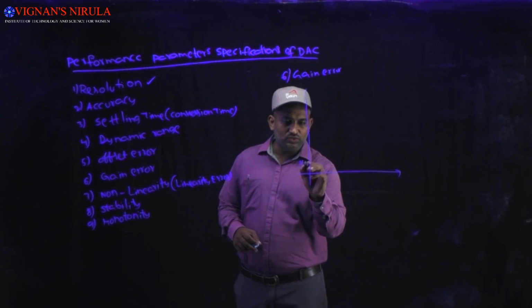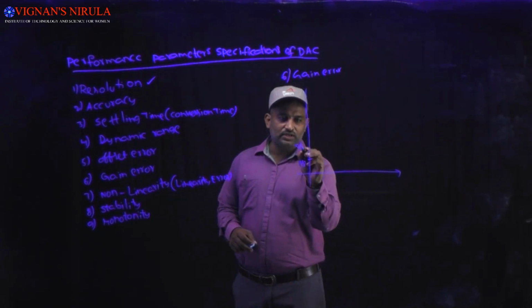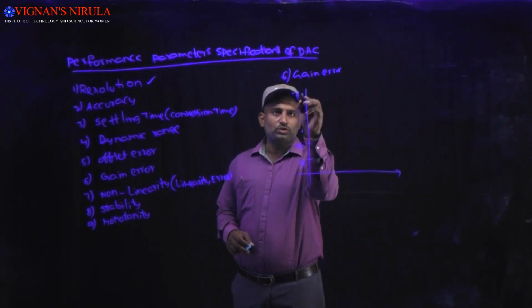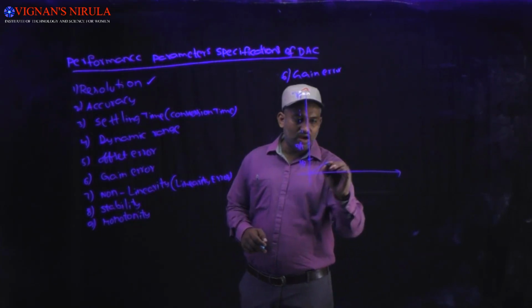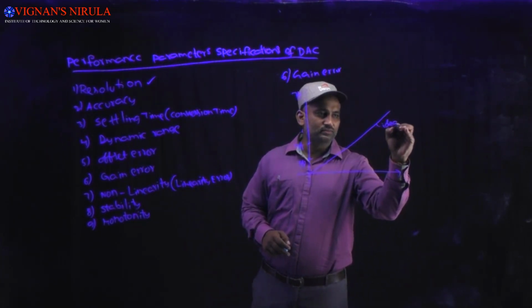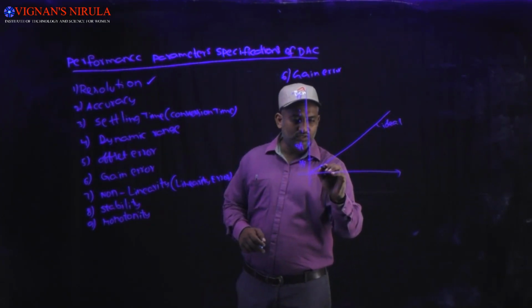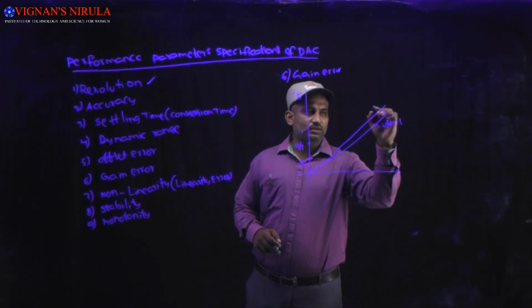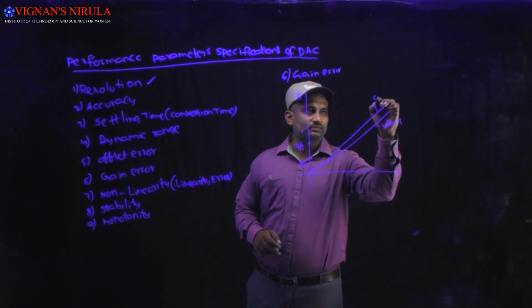Here it is 1 by 8, 2 by 8, so on up to 7 by 8, and this is the ideal gain, which is the calculated gain.